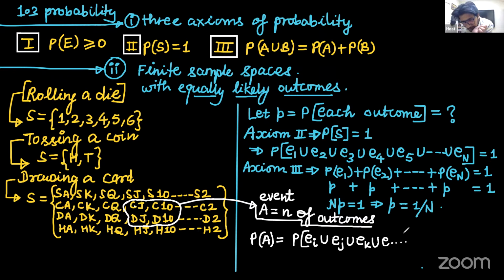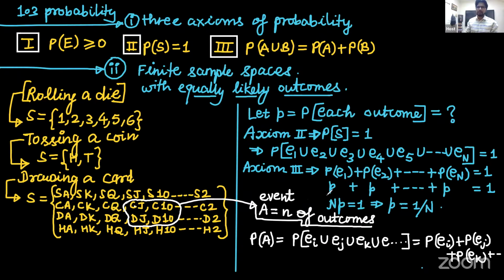Again from the third axiom, I can write the probability of the union of Ei, Ej, Ek as the sum of the probability of Ei, probability of Ej, probability of Ek, and so on. How many such elements have been included?